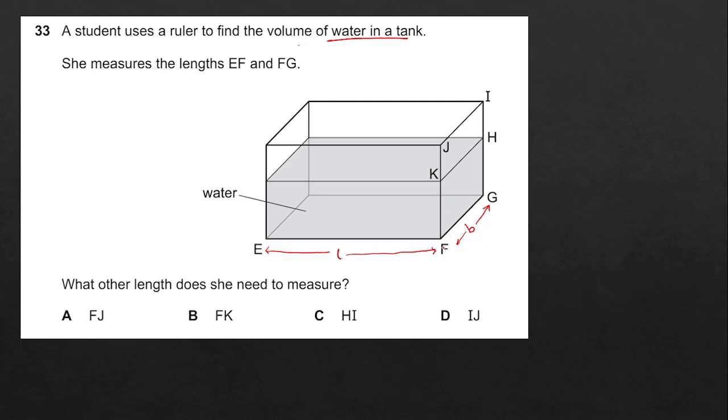So the height would be the length FK or it can even be GH. In the examination, if you don't find FK or KF, they might give you GH or HG. This will be the height of the water in the container. So the other thing which you need to measure is this height FK. So the answer is option B.